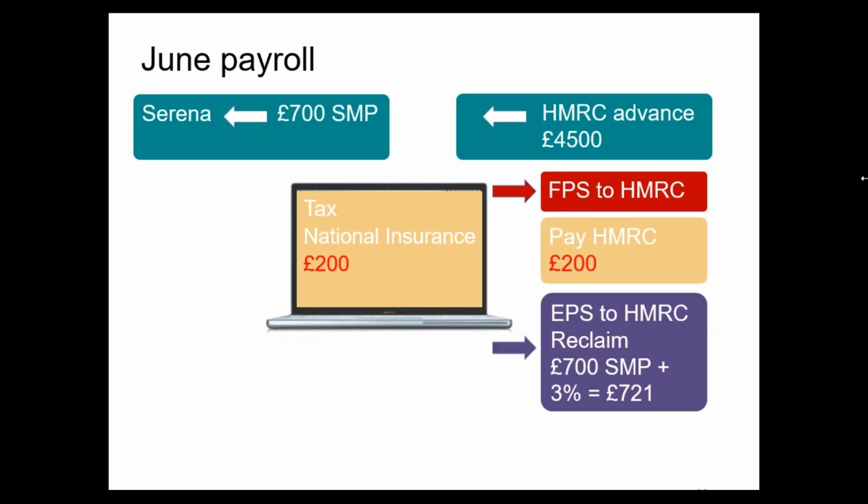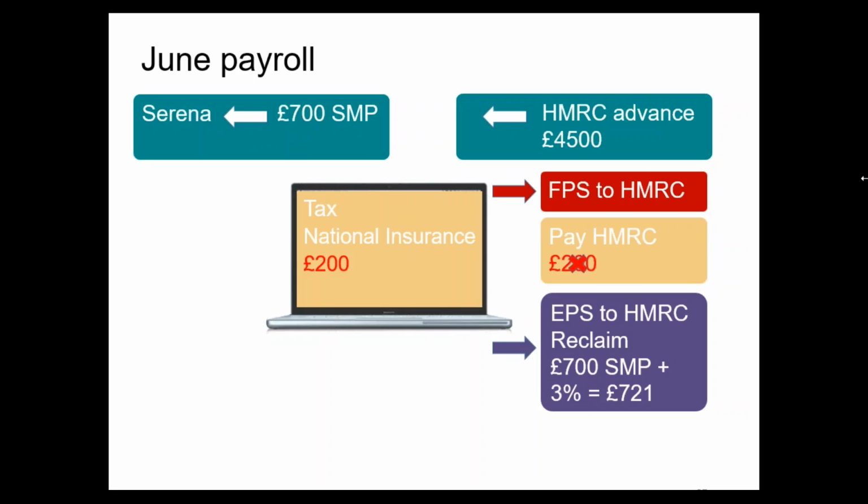Now he still needs to send an EPS every month to show the claim for the SMP and the compensation. In June he can reclaim £721, which is 100% of the £700 SMP plus 3% compensation that Chris qualifies for.